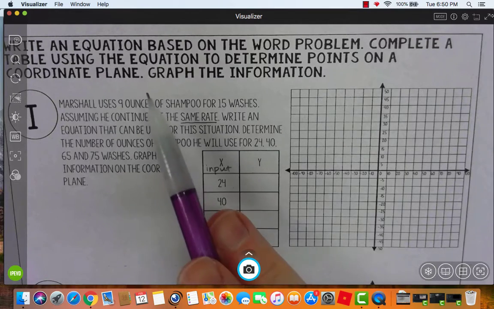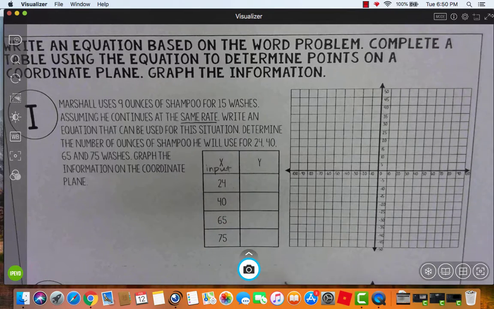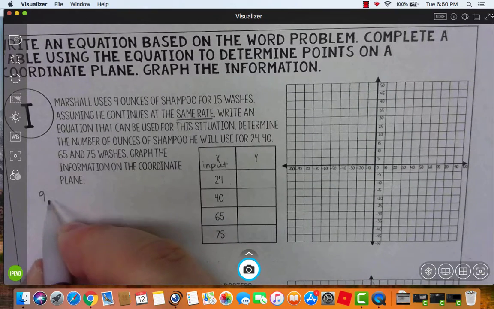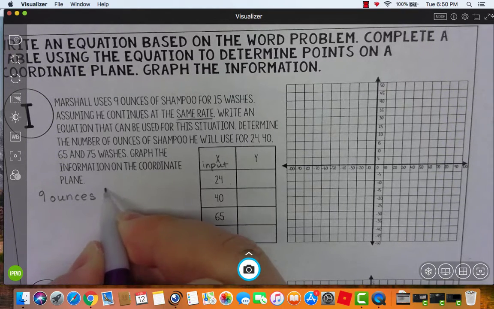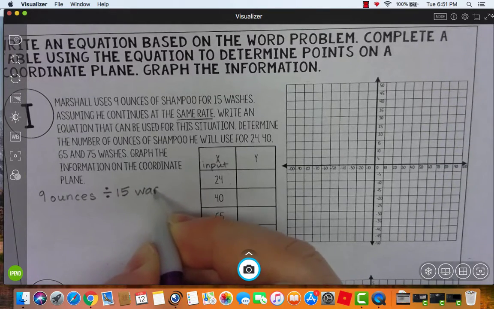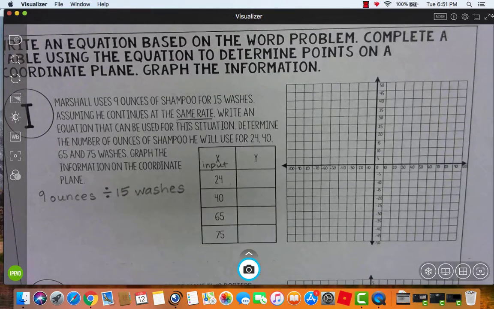So he uses 9 ounces of shampoo for 15 washes. And so if you're kind of stuck, we got to think about how many is it for one wash, because this is 9 ounces for 15 washes. So I'm going to say 9 ounces divided by 15, because I need to know how much for one wash.